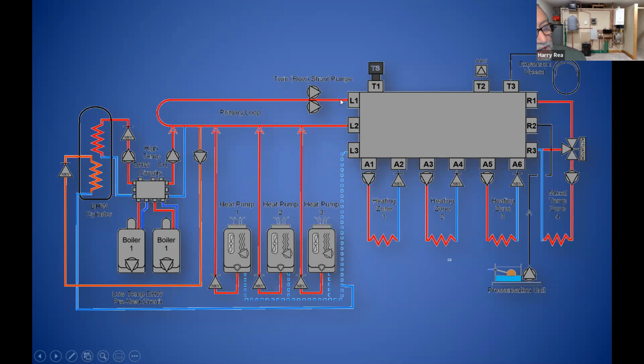So the primary loop fed in, went across the chamber, and now we use the middle as a bypass. So all we're doing here is circulating the water past the zones. Any zone can take water, but the cold water here passes through the heat pumps and is offered back into the primary loop.